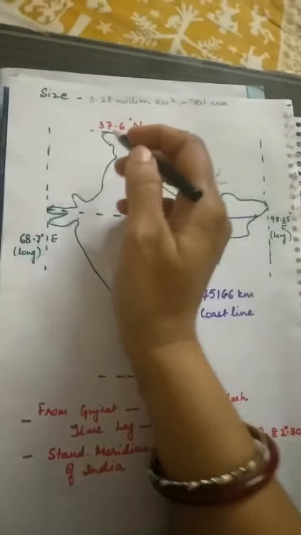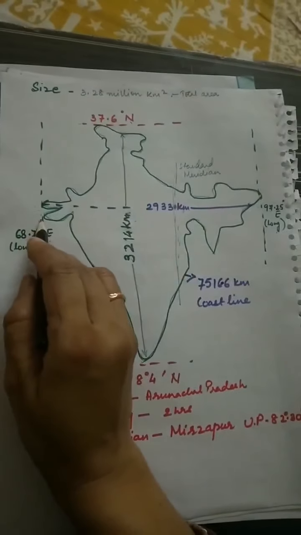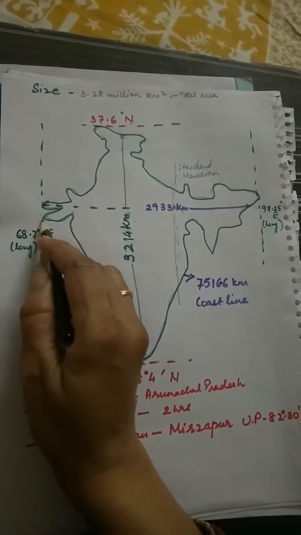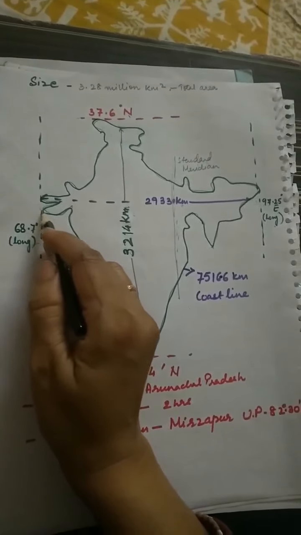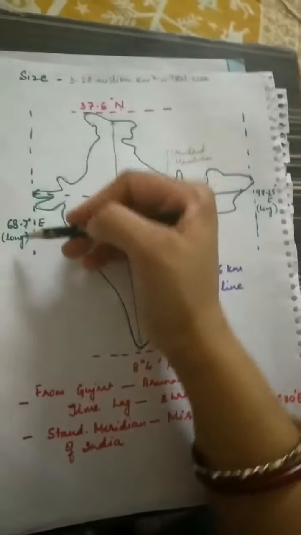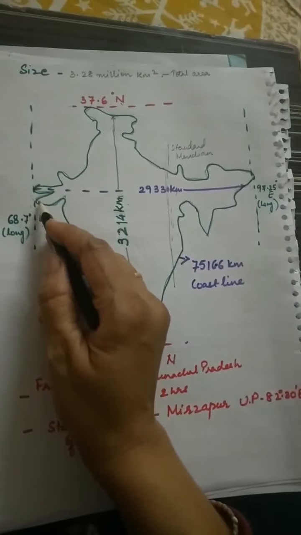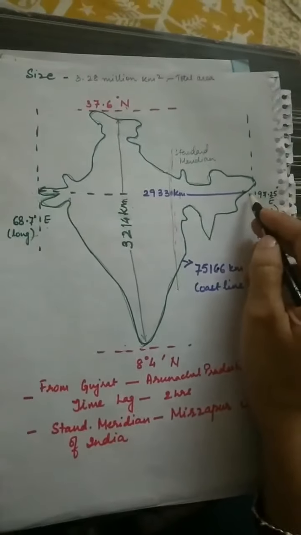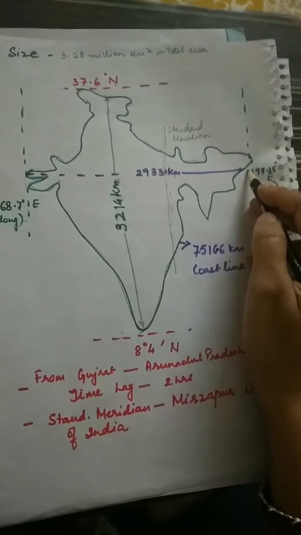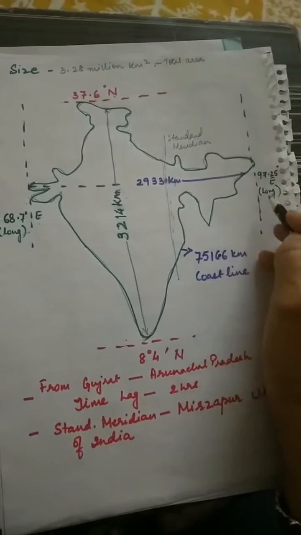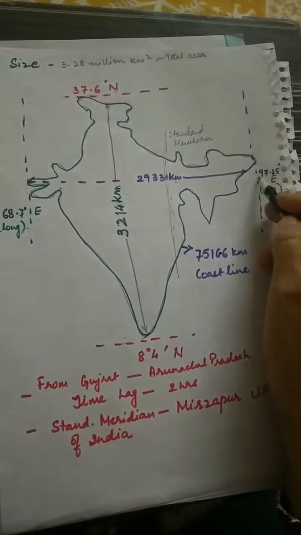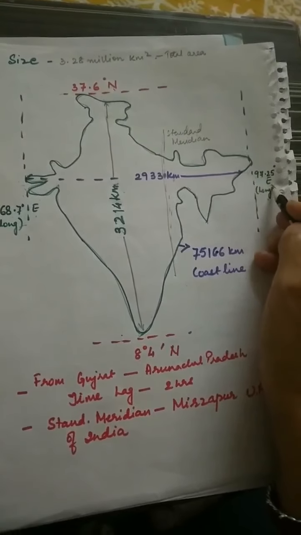Now, if you look at the extreme left border, towards Gujarat, we have a longitude of 68.7 degrees. As we move towards the extreme east part of India, we have a longitude of 97.25 degrees east.